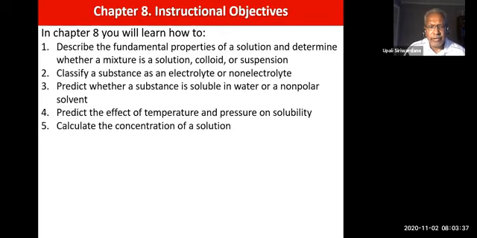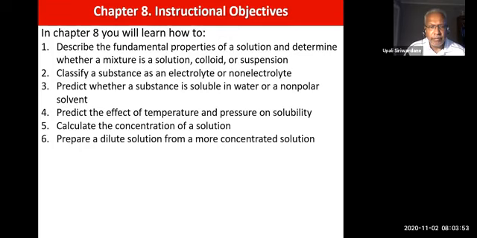Calculating concentration units of solutions is something that you need to practice. Concentration units could be expressed in volume by volume, weight by volume, percentages, or molarity. So we will define all these concentration terms.